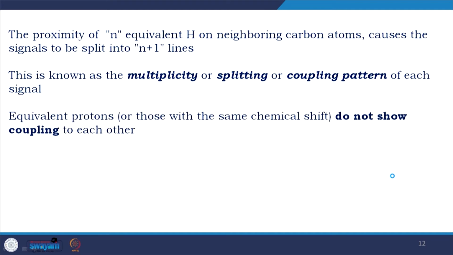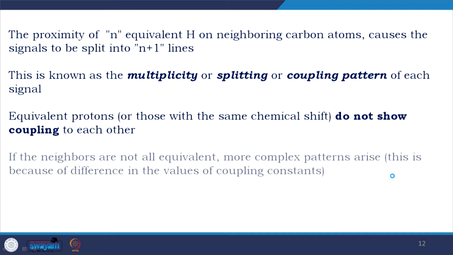So, we talked about splitting, now we are going to go for patterns. Equivalent protons, or those with the same chemical shift, do not show coupling to each other, very clear. If the neighbors are not all equivalent, more complex patterns arise. This is because of the difference in the values of the coupling constant.